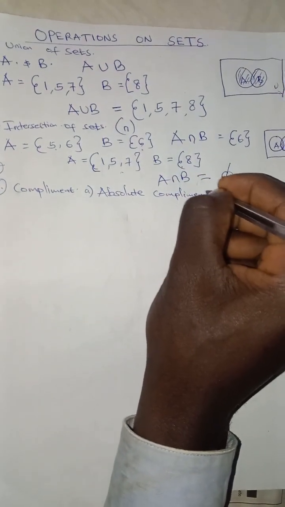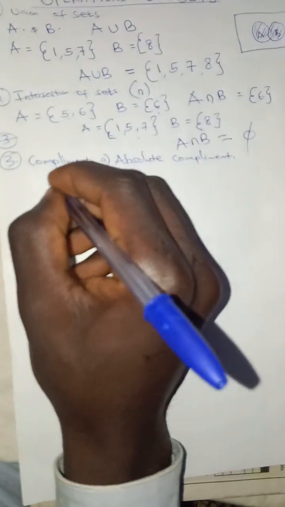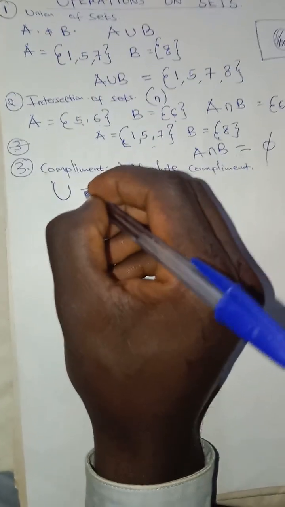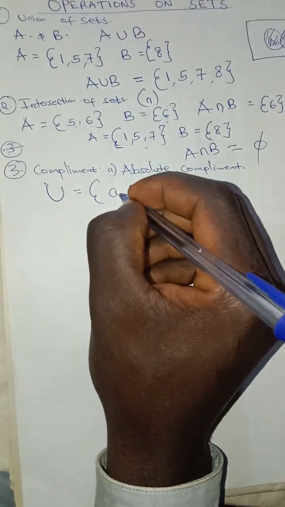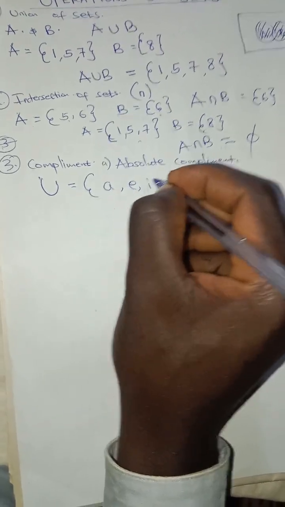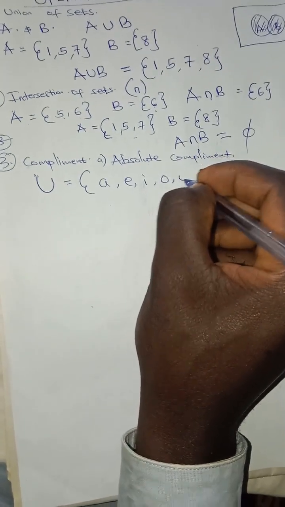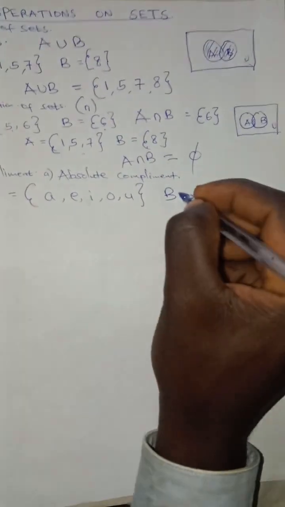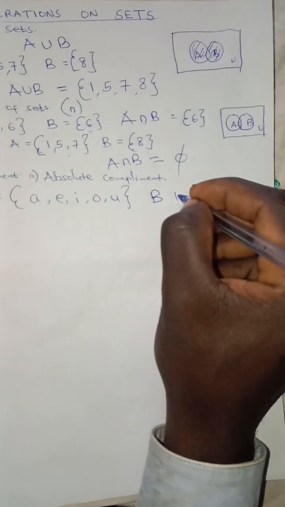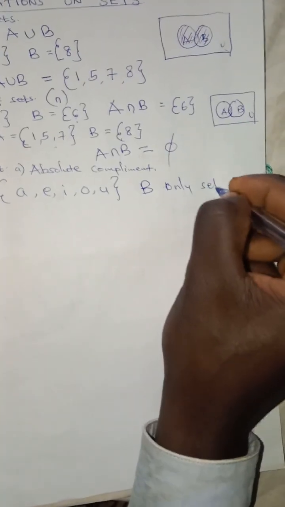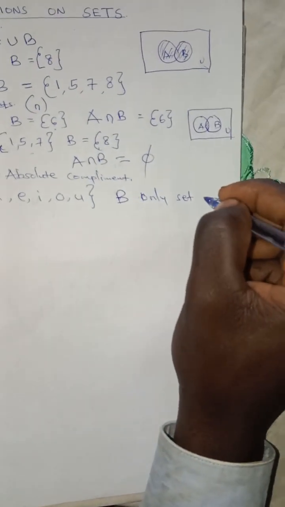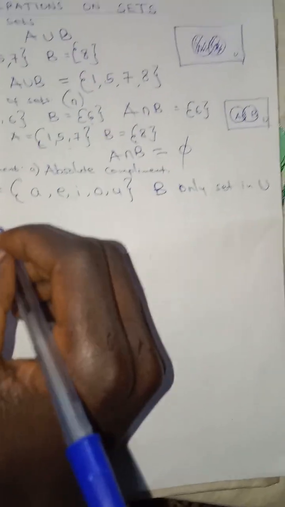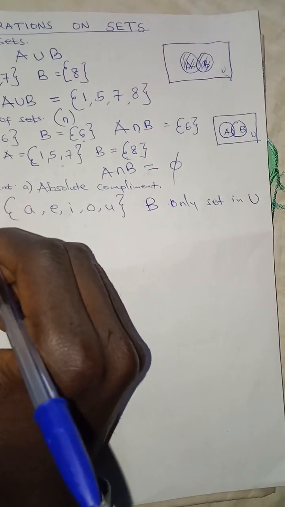By absolute complement, suppose we have a universal set denoted as U, a universal set of elements, let's say R, A, E, O, and O. Then we have B to be a set in the universal set denoted as U.